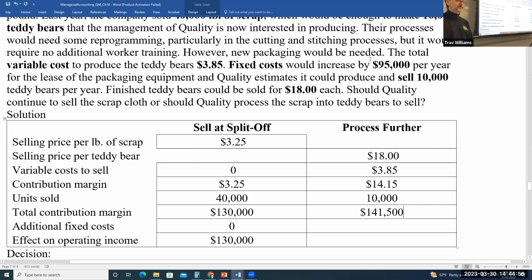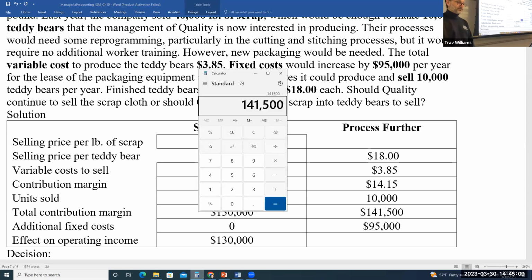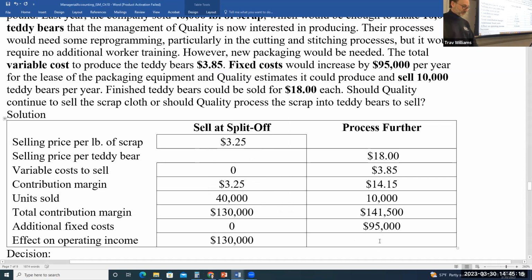However, fixed costs, right? We need this $95,000 of packaging equipment. So our net income is only going to increase by $46,500.